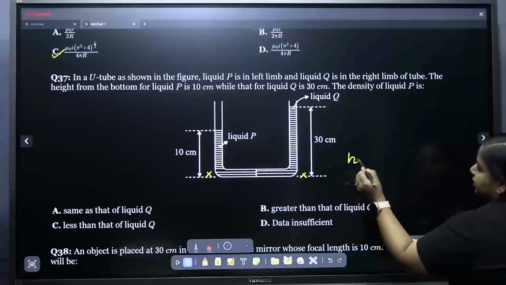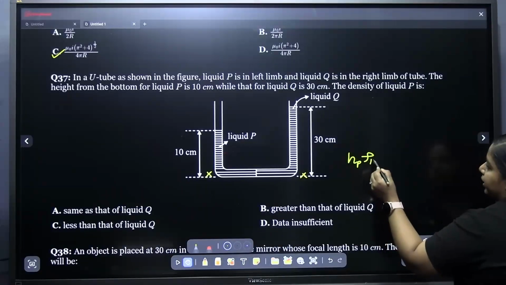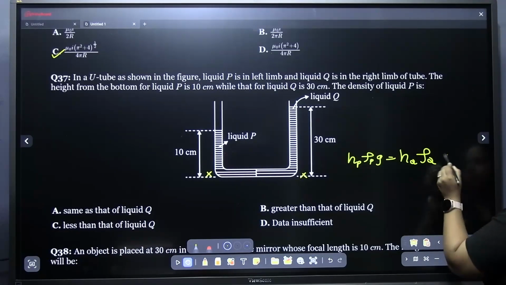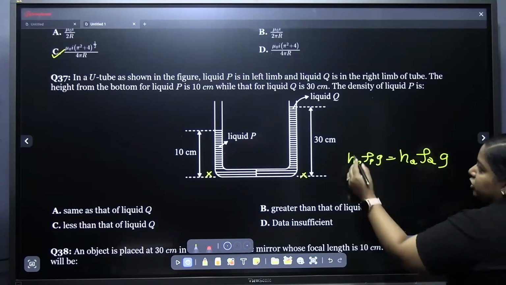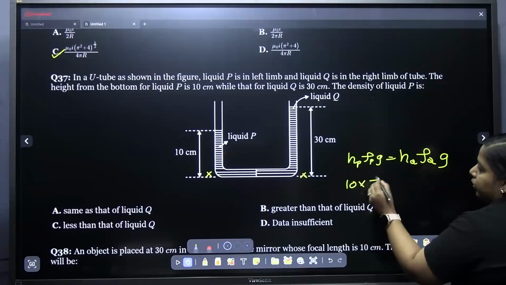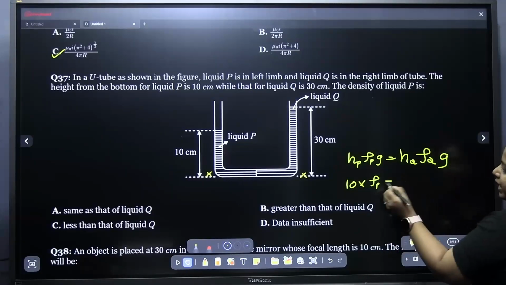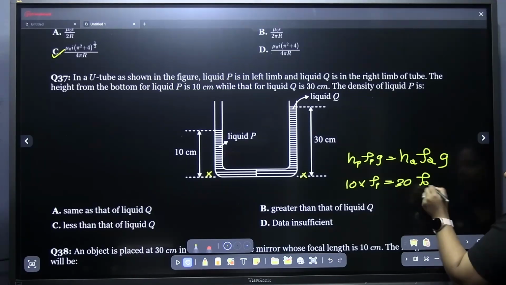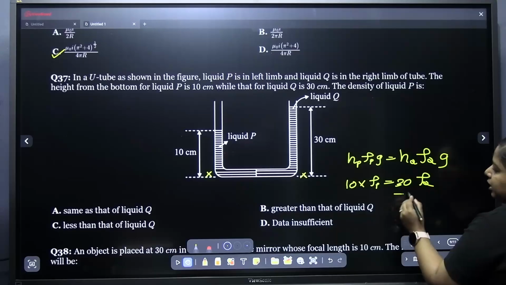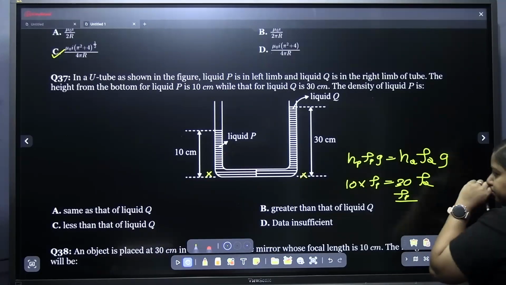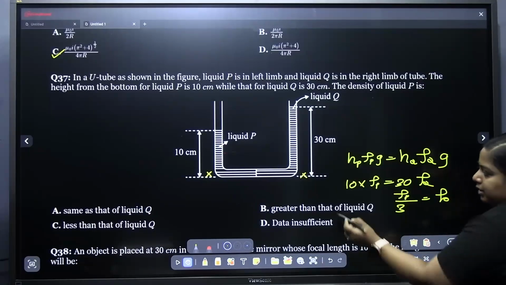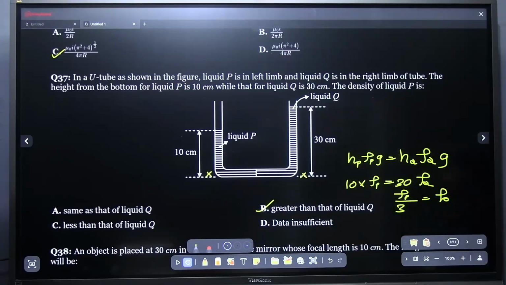So h of P, rho of P into g is equal to h of Q, rho of Q into g. So h of P is 10 into rho P, g will get cancelled. So hQ gives 30 rho Q. As you can see, rho P by 3 is equal to rho Q, which means density of P is greater than that of Q. Is that clear?